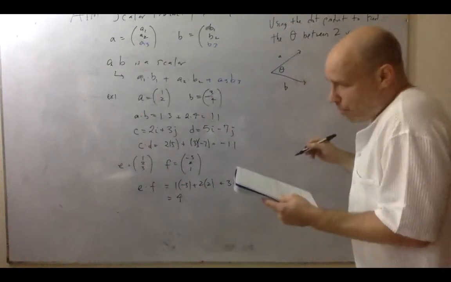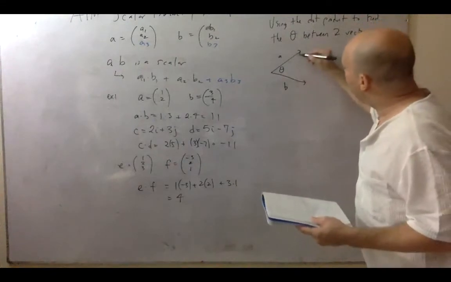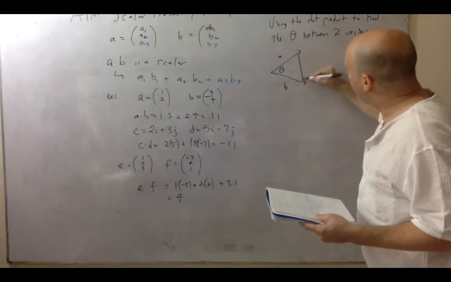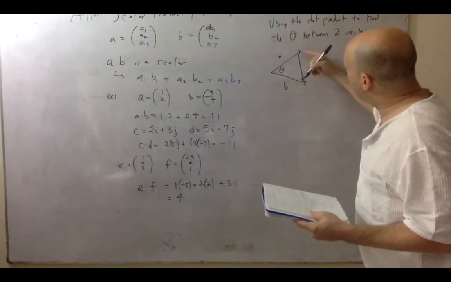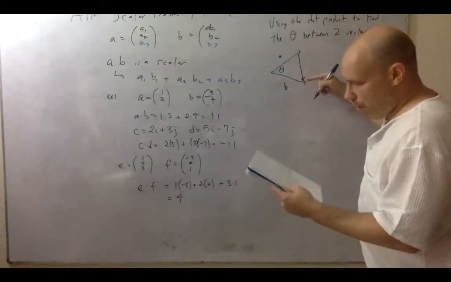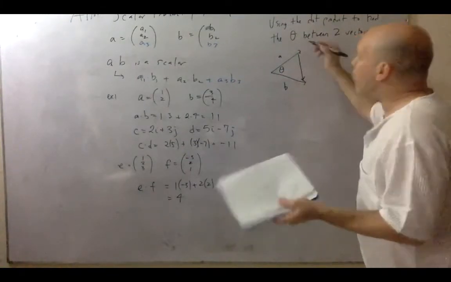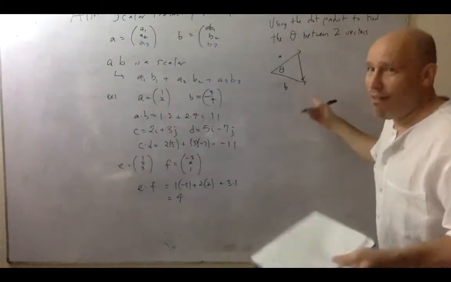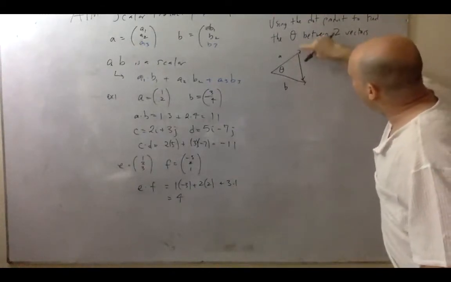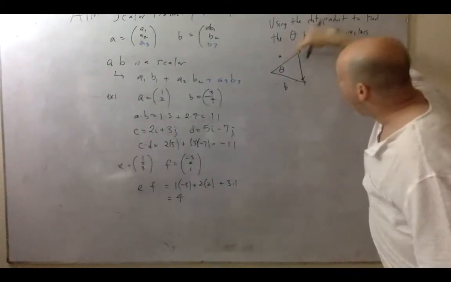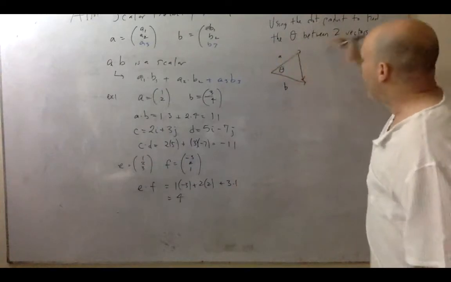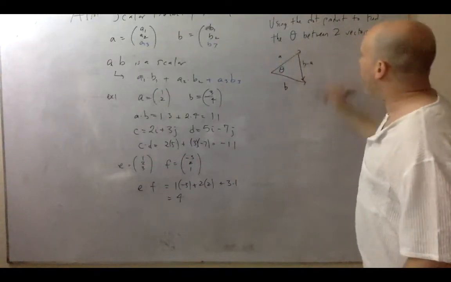Well, let's see what we can do. I could create the vector here, and we know it starts at A and ends at B. Visually, starting here, it's B minus A.